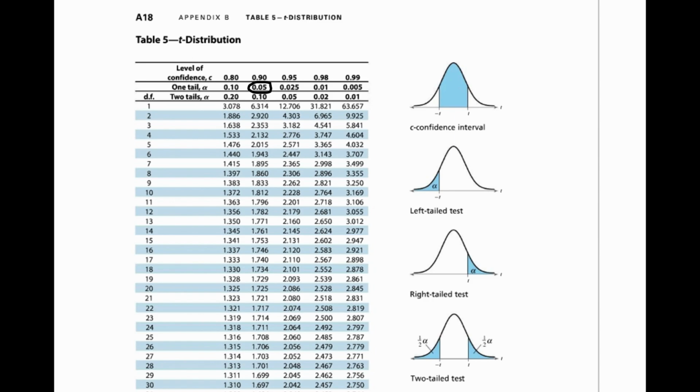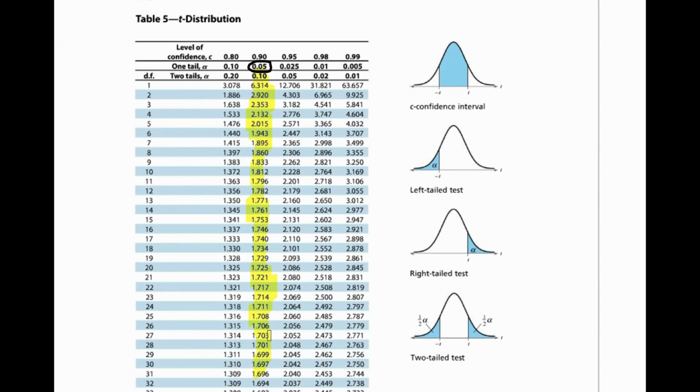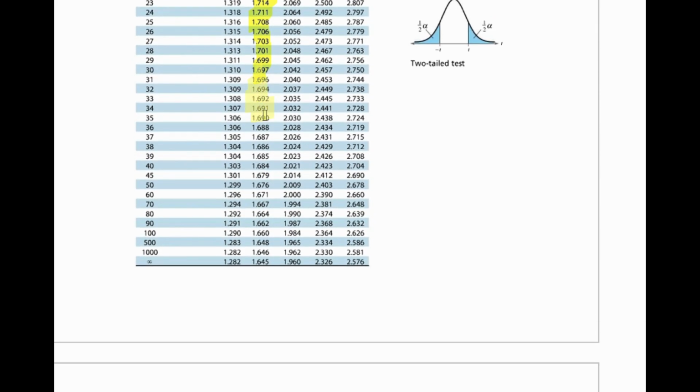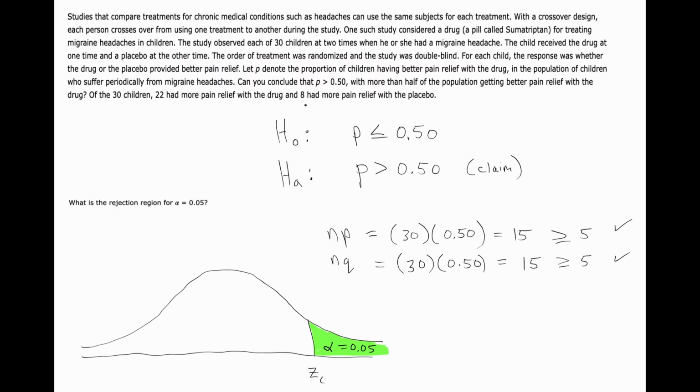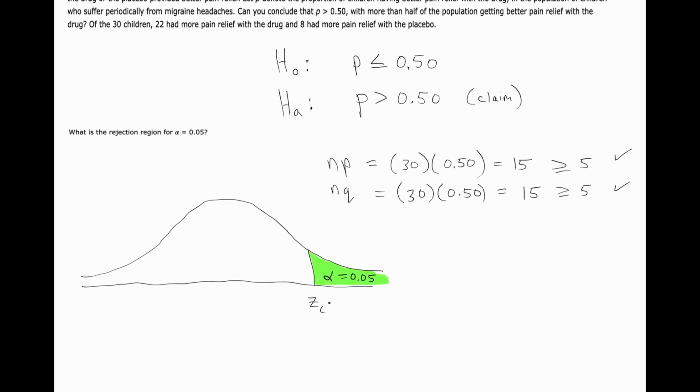Now, because we're doing a proportion test, we need a Z, not a T. So that means we're going to want to take this all the way down to the bottom. And that is where we get the 1.645 from for this problem. So that will be our ZC.